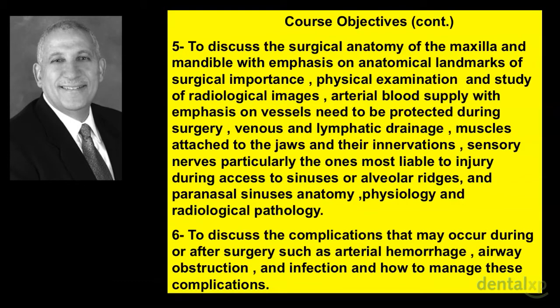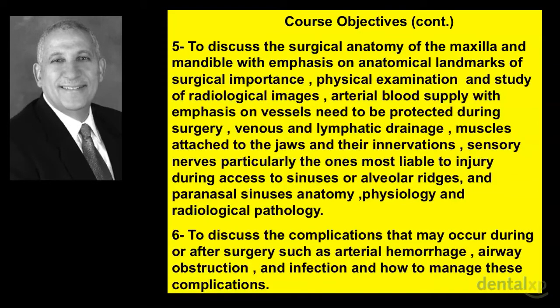And we will deal also with venous and lymphatic drainage, very important, muscles attached to the jaws and their innervations, sensory nerves, particularly the ones that are most liable to injury during access to sinuses or alveolar ridges, such as the mental nerve, long buccal nerve, lingual nerve, and the inferior alveolar nerve, of course, and those are the most commonly interfered with or injured nerves.